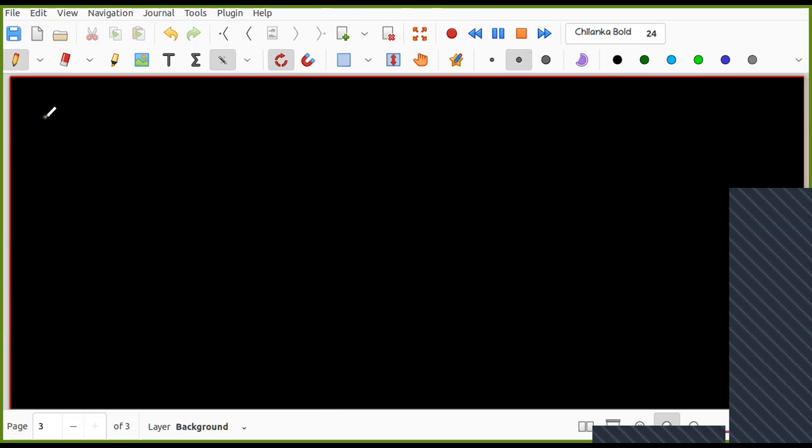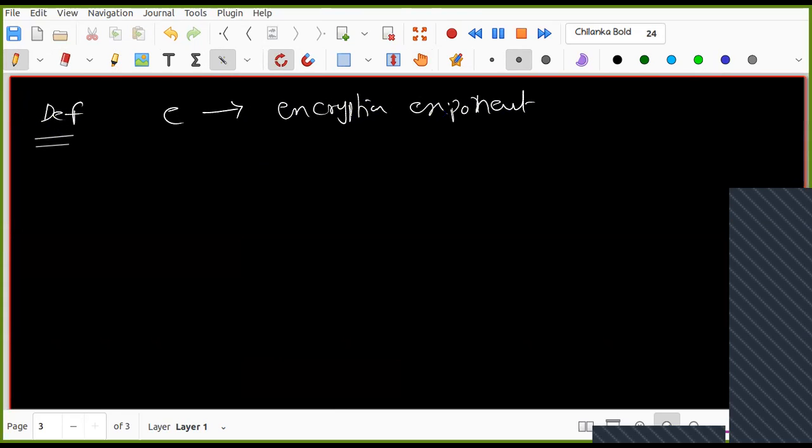So now, a small thing here, definition. These have some names actually, not required that much. This E is called encryption exponent. This D is called decryption exponent.